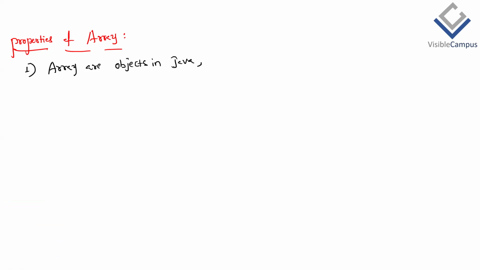If it is an object, then in which memory segment will it be stored? In RAM there are 5 memory segments. In that, objects will be stored in which memory segment? Heap memory. So therefore, arrays are objects in Java. That's why arrays will be stored in heap memory.